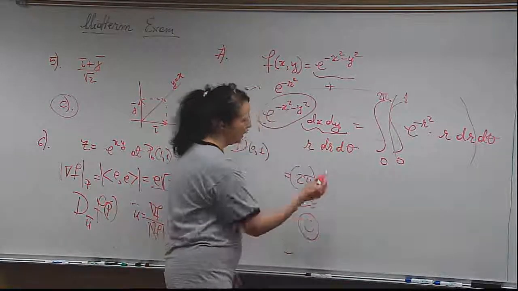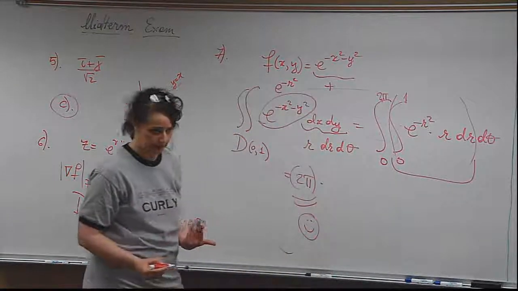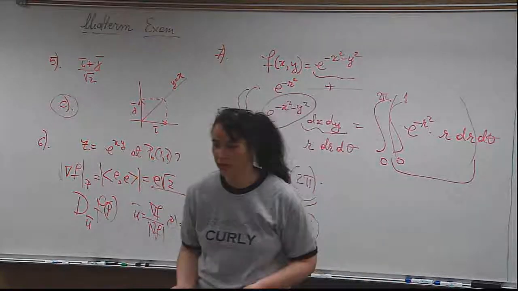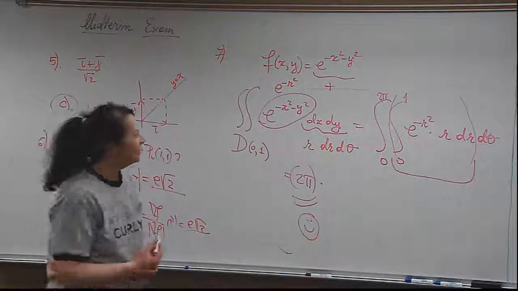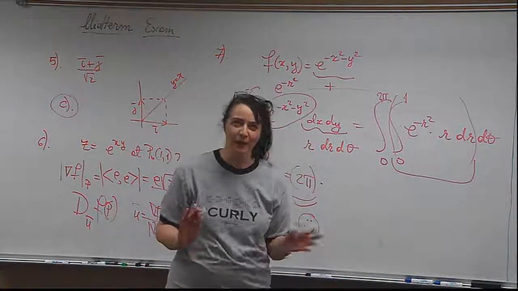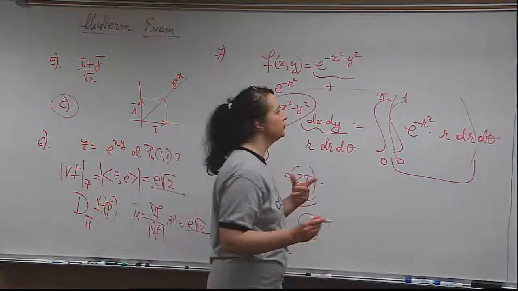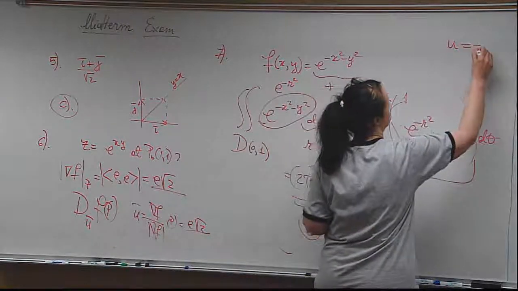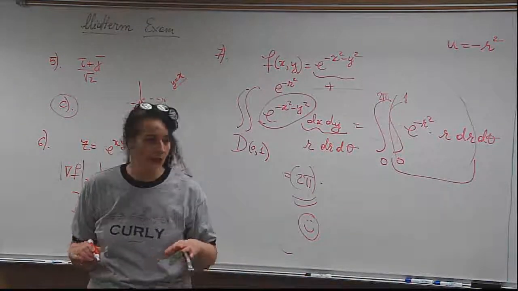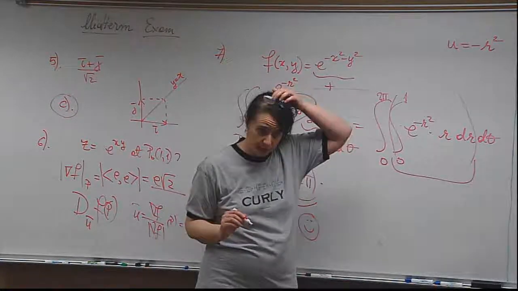Now, this guy inside has to be thoroughly computed, in the sense that you perform the u substitution. I was actually amused that half of you, but exactly half of you, did u equals r squared, and half of you did u equals minus r squared. It really doesn't matter which one, but the problem is that some of you made a mess when you put the limit points back in place and you made mistakes.